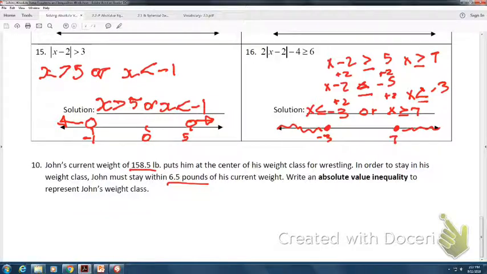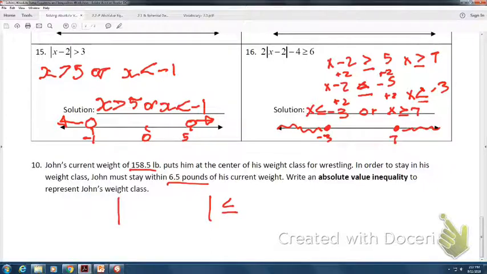Okay, so are we going to want a sandwich or an "or" statement? A sandwich, okay, because you want the data that ranges in a certain value. Okay, so we know that our symbol is going to be what? Less than or equal to.